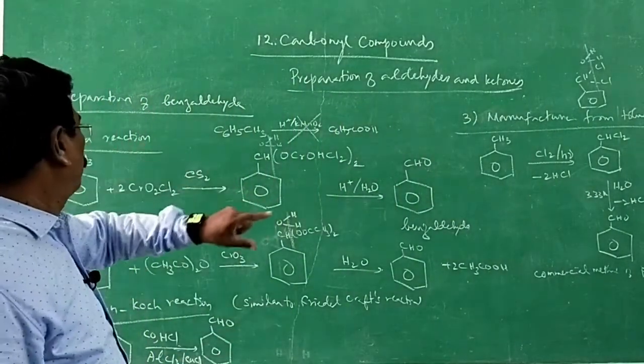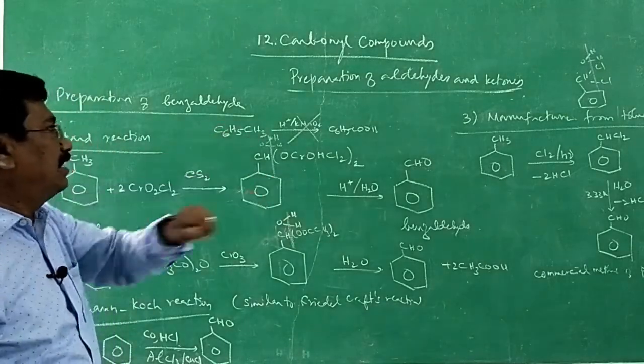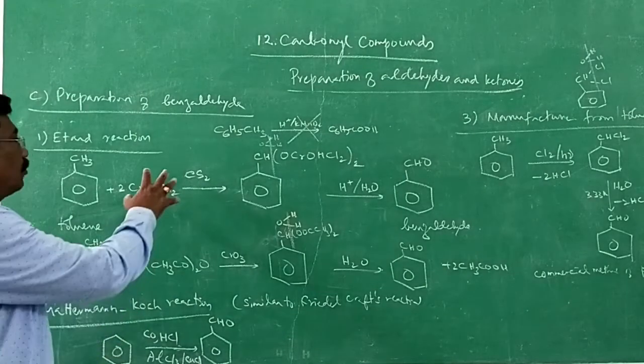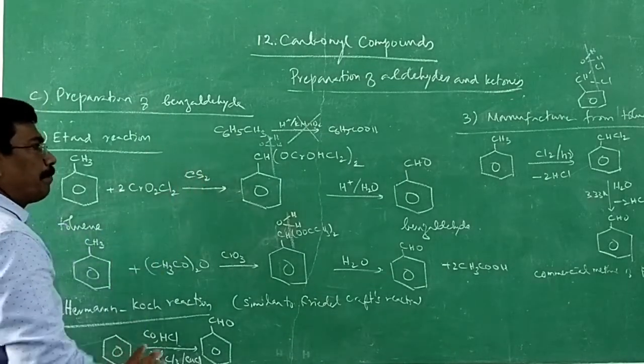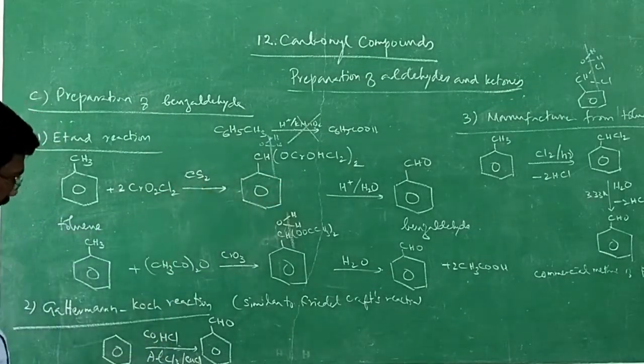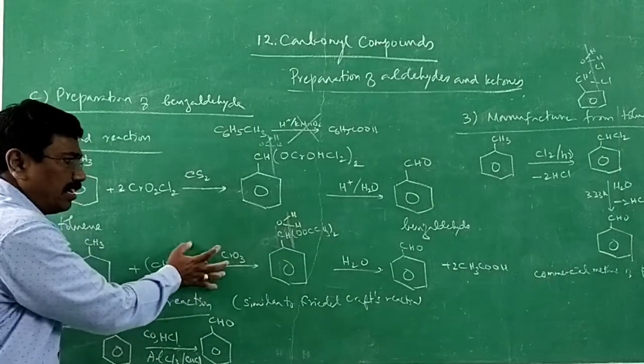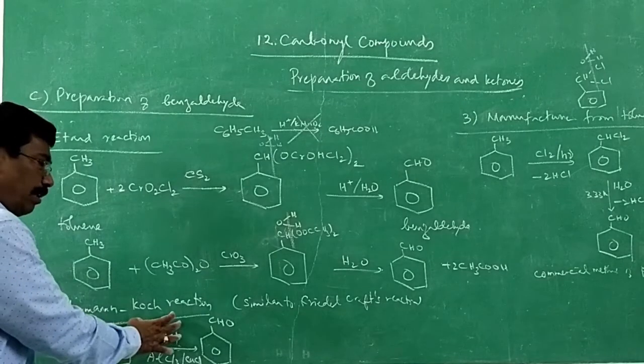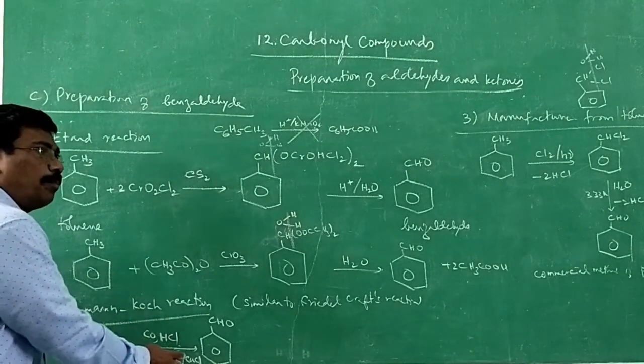Mostly from toluene, two methods, Etard reaction as well as manufacture. Another one from benzene. Here we started with the chromyl chloride, carbon disulfide followed by hydrolysis. This reaction may also occur, but the reaction is not given in the book. Gattermann-Koch: benzene, carbon monoxide and HCl in the presence of aluminum chloride, cuprous chloride.